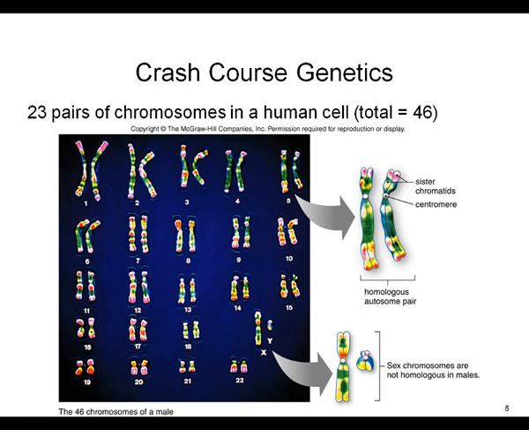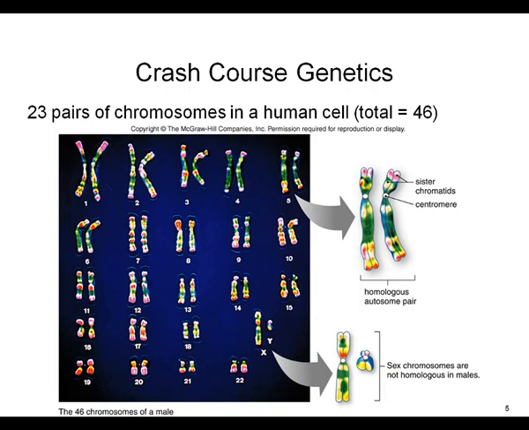So here they are all laid out. So let's look at them for a minute. This is called a karyotype, and it's showing the pairs of chromosomes as they would be in your nucleus, but they laid them out for a photograph, right?